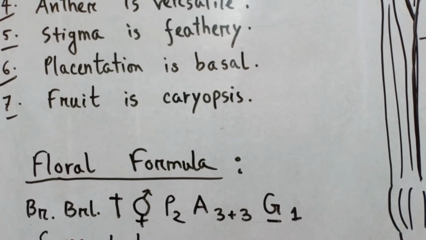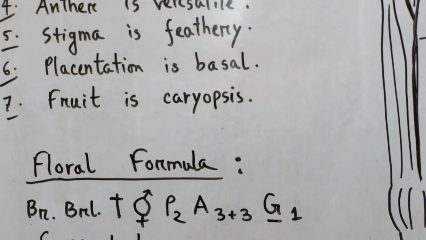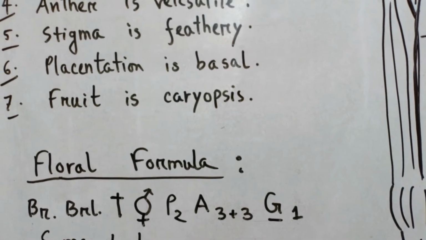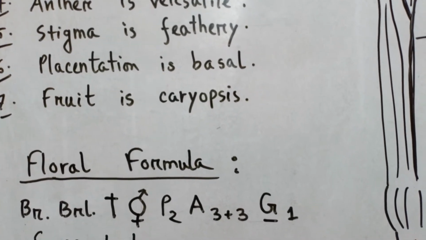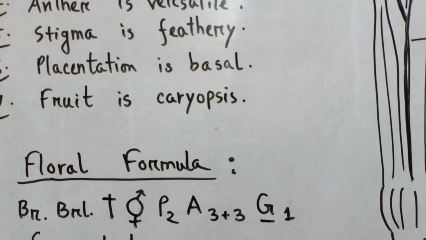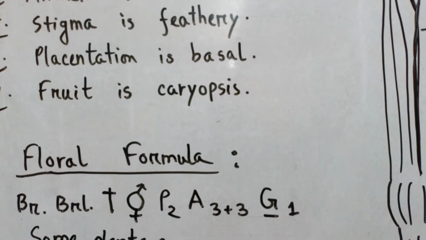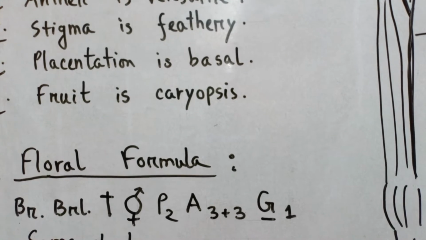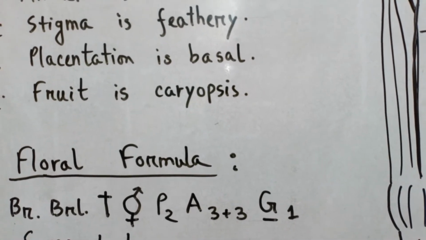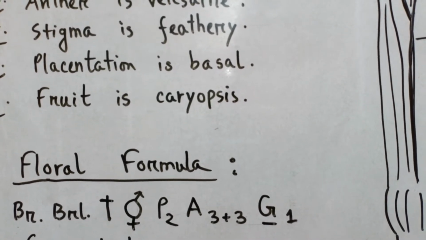So it means in the flower there are both androecium, the male reproductive part, and gynoecium, the female reproductive part. P2. P means perianth. I told you before, perianth means calyx and corolla cannot be differentiated. Members of perianth are known as tepals. So here tepals are 2 in number and they are free, because you see that there is no bracket here.